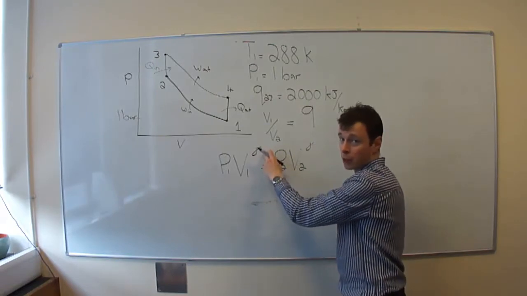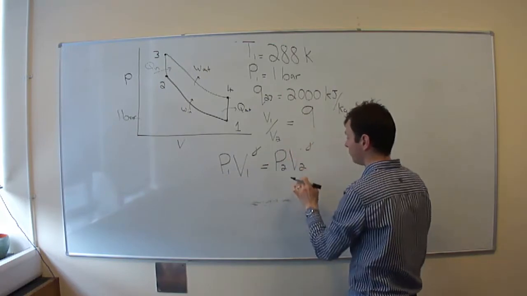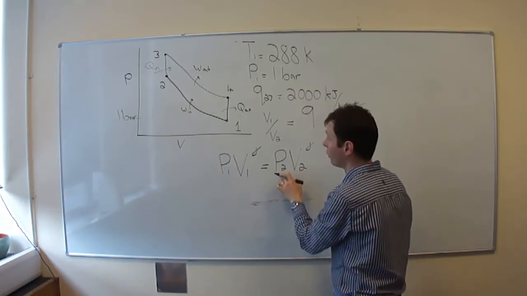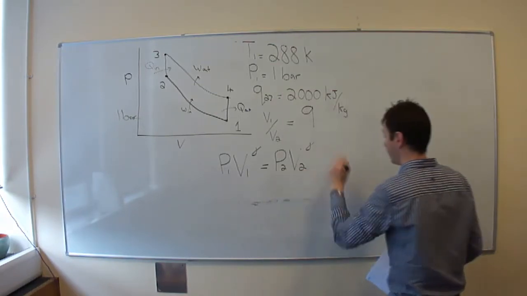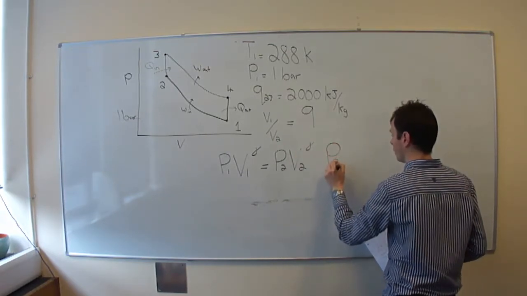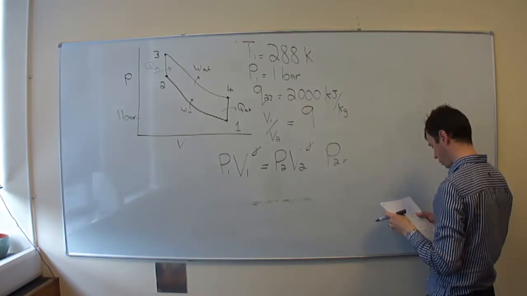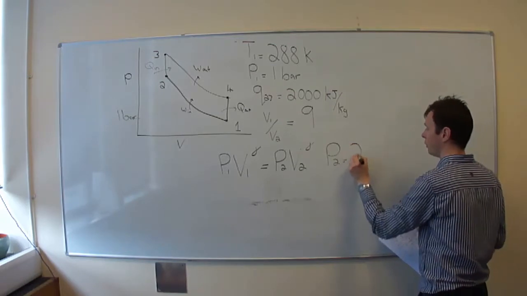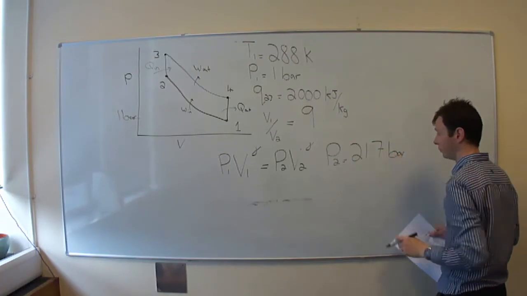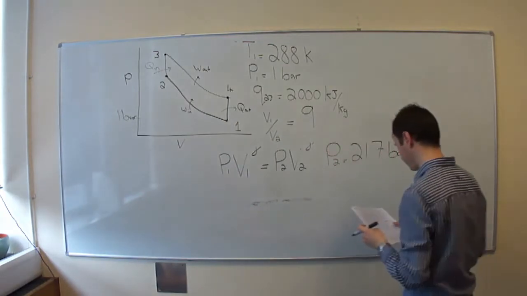Well, this is 1.4, the ratio of the specific heats. We know P1, V1, we know the value of gamma. We also know V2, so we can solve the pressure at point 2 now. Okay? So we have to rearrange that equation. Now we get a value of P2 of 21.7 bar.